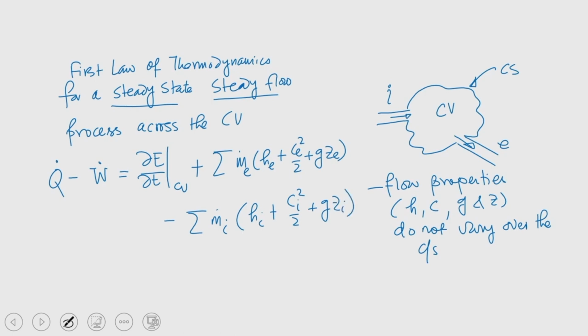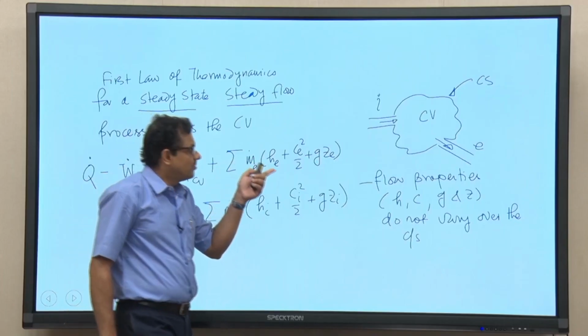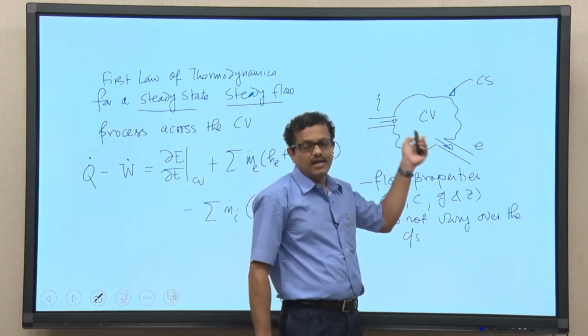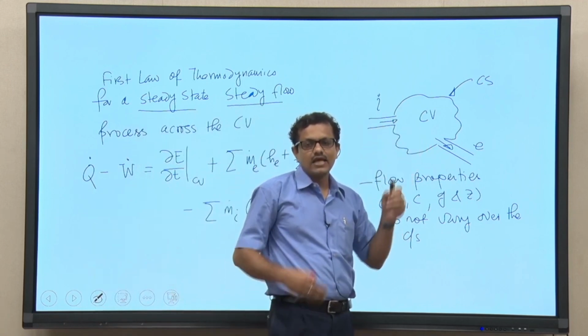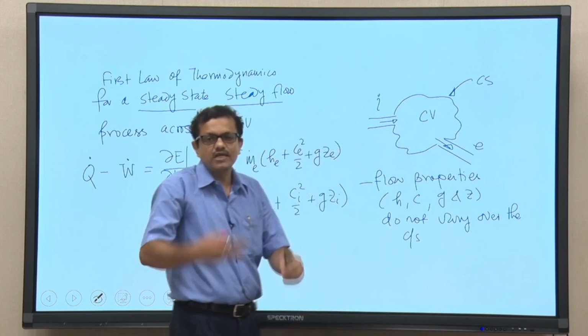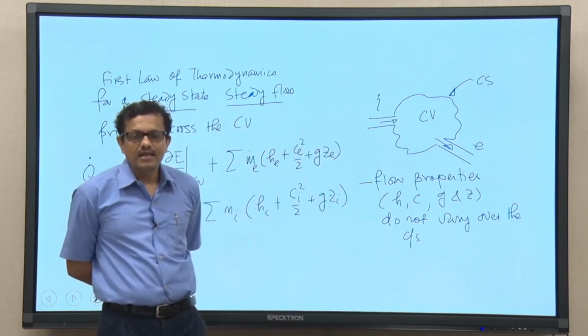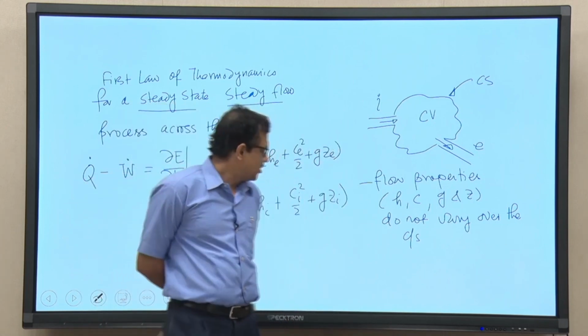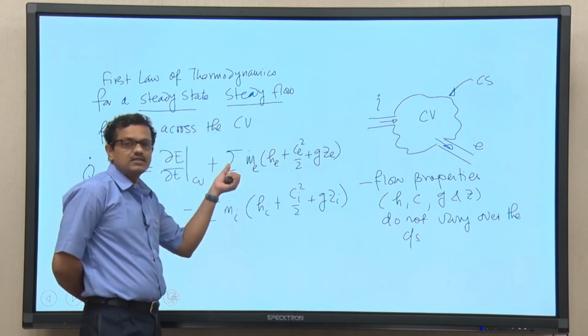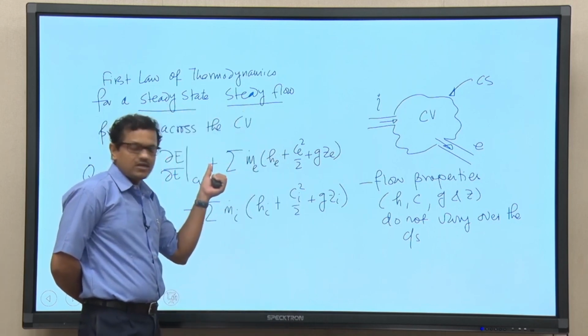I have taken this summation sign because we may have multiple inlets and multiple exits. So, accounting for the possibility of multiple inlets and exits, we have considered the summation sign. I hope you have understood.